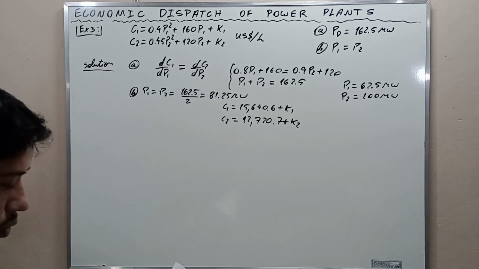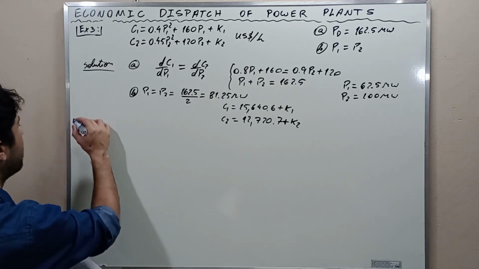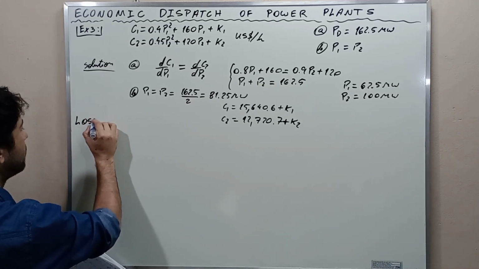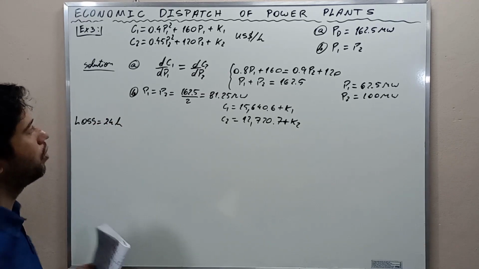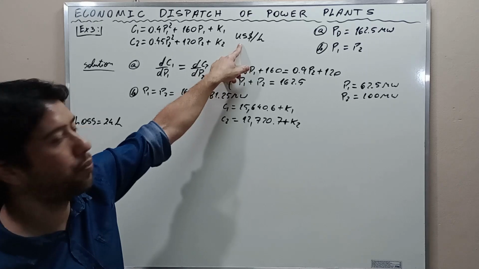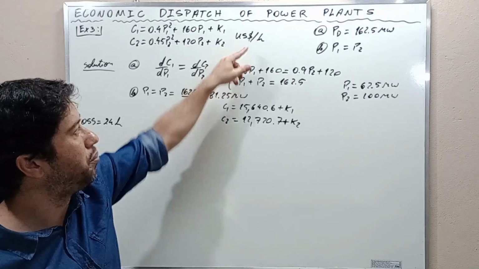The daily financial loss is calculated as follows. The loss is going to be equal to 24 hours, because here they are expressed in dollars per hour.